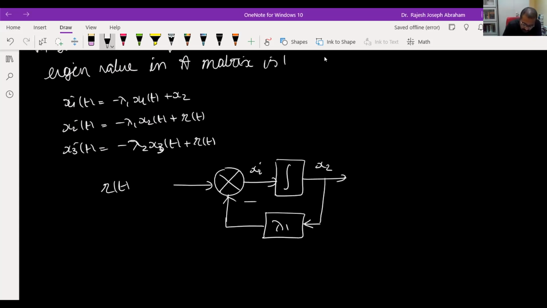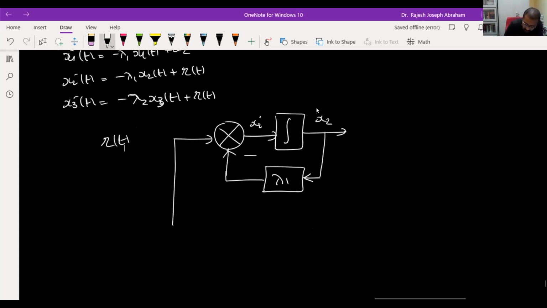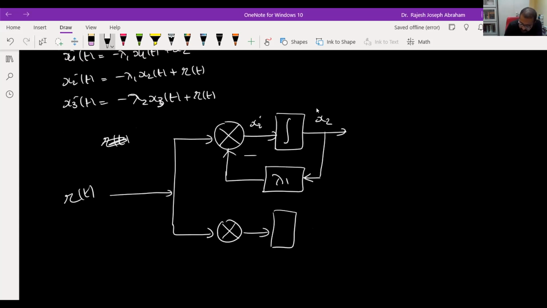Then we have minus lambda 2 x3 plus r of t. So again, let me put r of t here, another summing point. This is x3. This is minus lambda 2, and there's an integrator. This is x3 plus r of t.